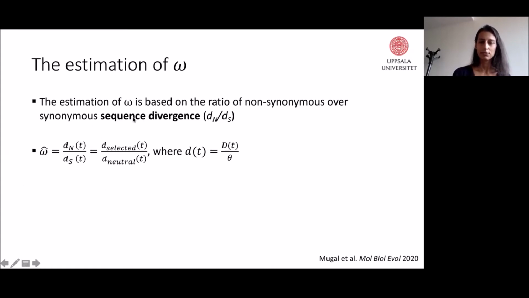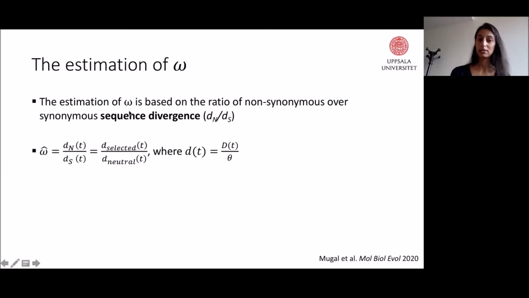So the NDS, I call it an estimate of omega, where omega is our target parameter. I use omega because this is how it is called in many of the phylogenetic methodology that is available. So I will use the terminology omega as a target parameter of what we want to measure, our fixation rate ratio.